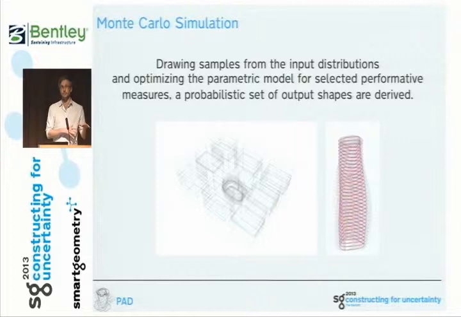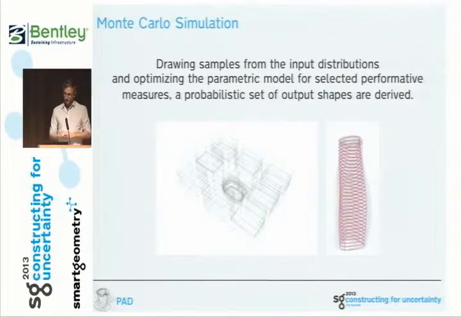We drew samples from these input distributions, and optimized a parametric model with a certain performative measure for all of these hundreds of samples that we draw, and then create a collected set of probabilistic output shapes.